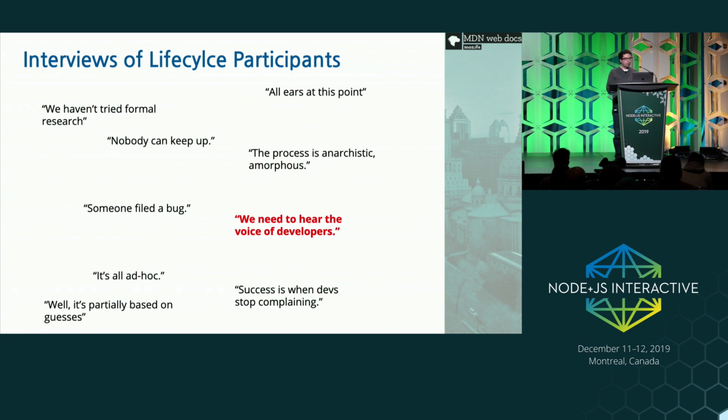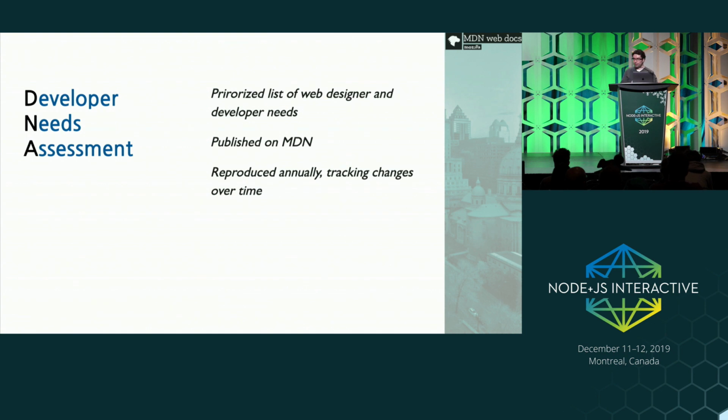So for all of these reasons, we proposed a developer needs assessment. What is that exactly? It's a prioritized list of web designer and developer needs. It's a single and simple tool for harsh prioritization across a massive feature space and extremely diverse populations.